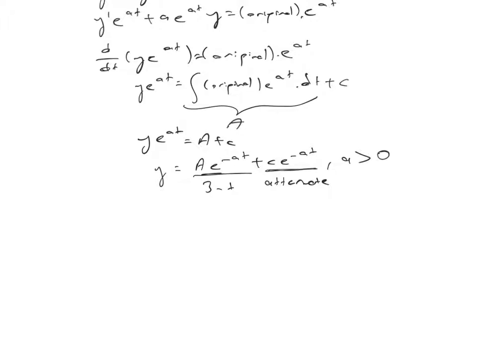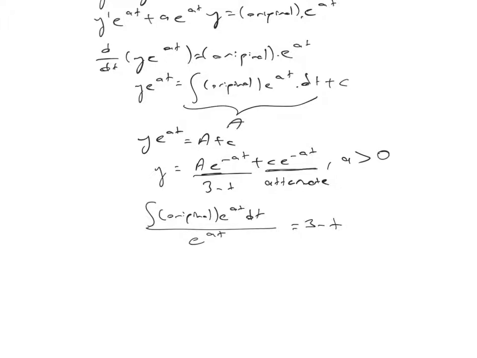As we remember, capital A is equal to the integral of the original part times e to the at dt. As we see from here, capital A times e to the minus at is equal to 3 minus t. So this integral is equal to capital A, and dividing capital A by e to the at, we get 3 minus t.